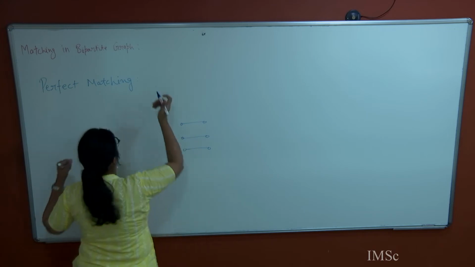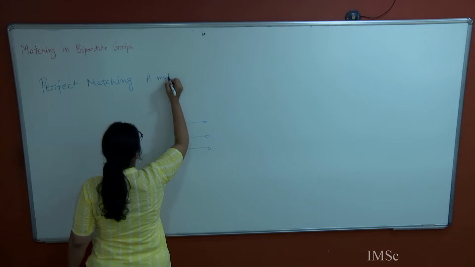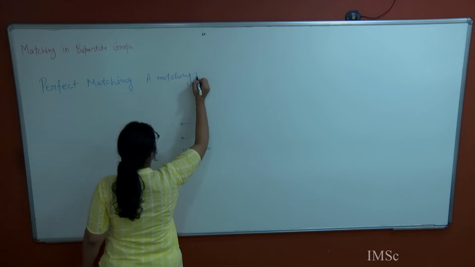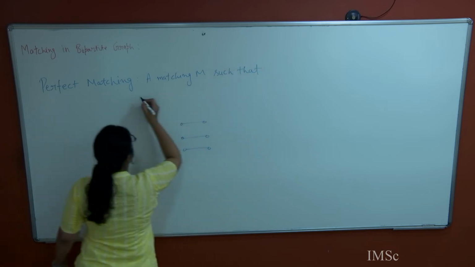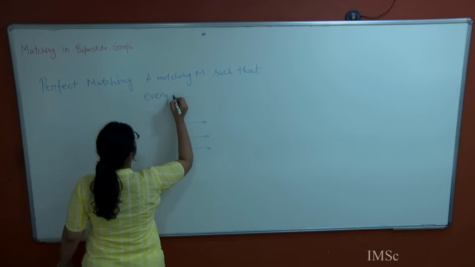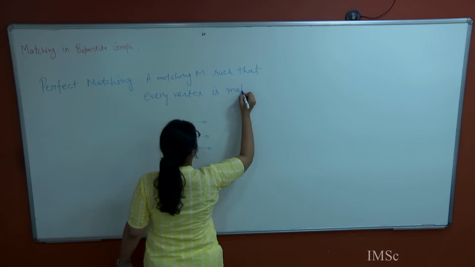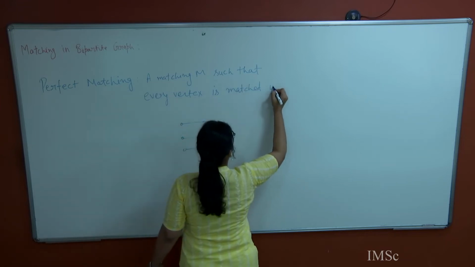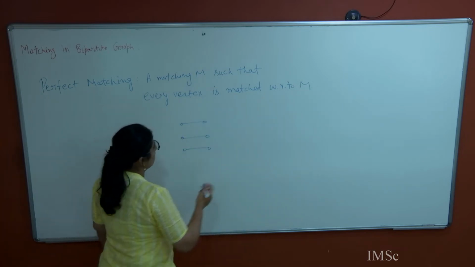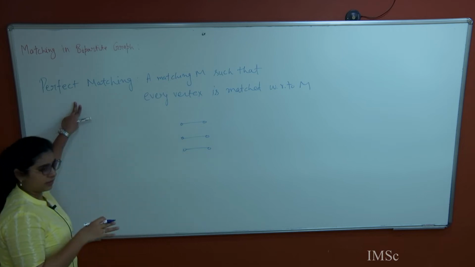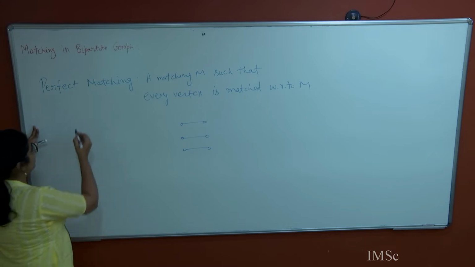Okay, so every vertex is matched with respect to M. This is also called a one factor. So in this book it is called a one factor.